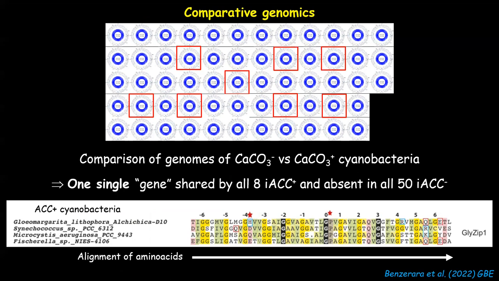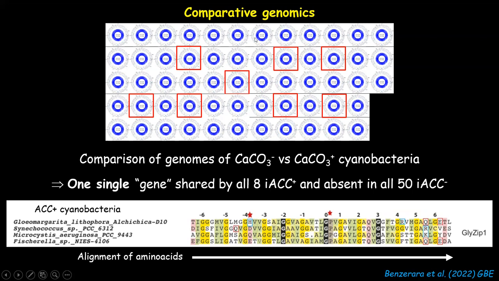Let's get back to our story and our questions. As I told you, we have 58 genomes of cyanobacteria, and some of them, we saw 8 of them, are forming intracellular carbonates, and the rest are not. So here you see the 58 genomes, and the ones circled in red are forming intracellular carbonates, and the others are not.